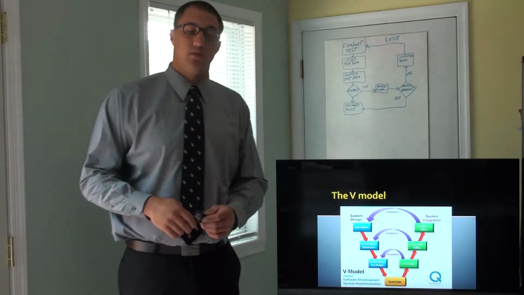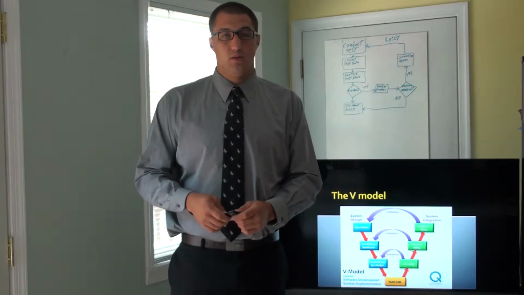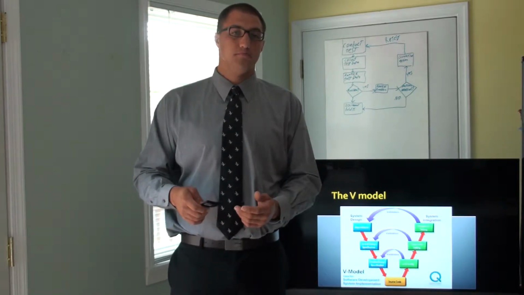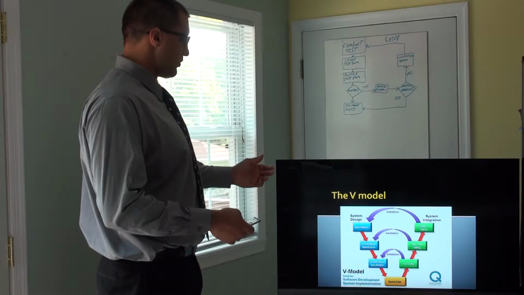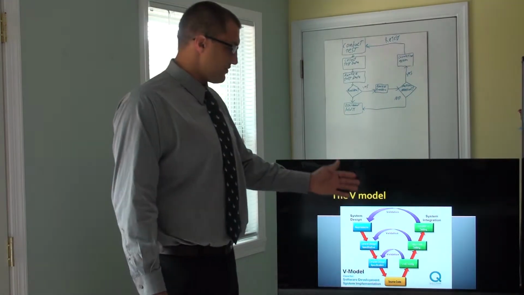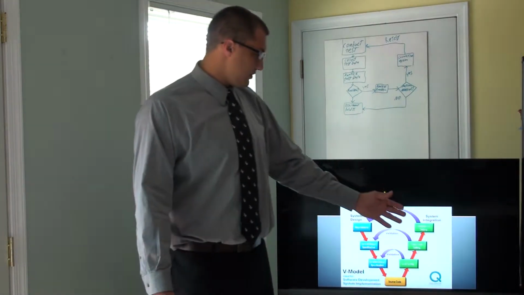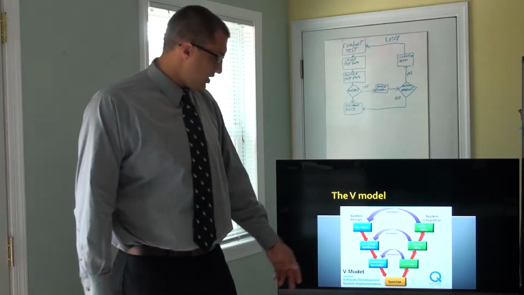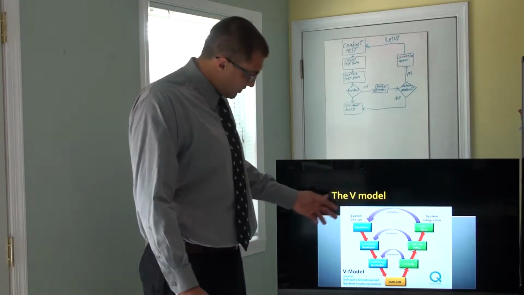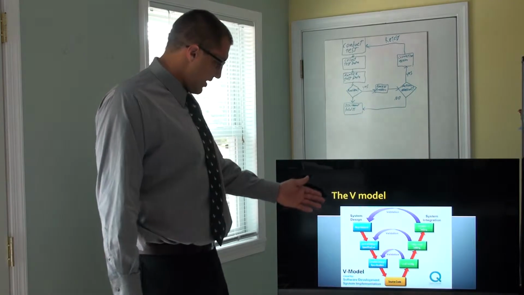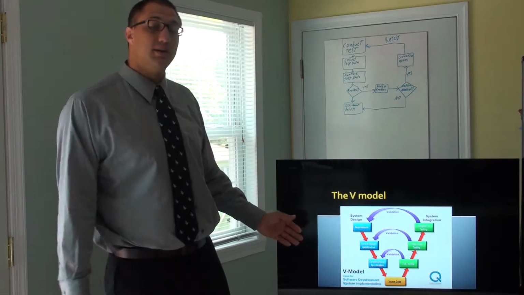Next is the V-model diagram. You're going to have, starting with the requirements of the design and the acceptance testing, and you're going to work your way around. And this is actually an example of software development.